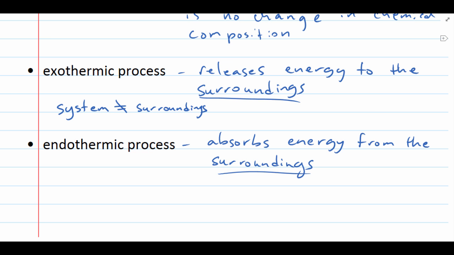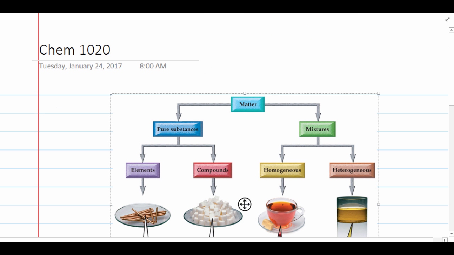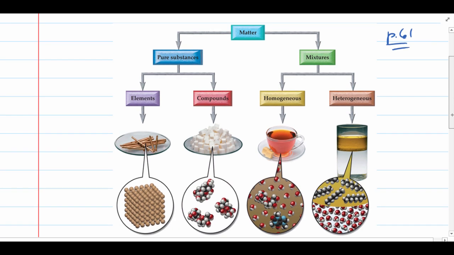So next up, we have a figure here, and this figure comes from page 61 of your text, if you have that available. This is a way that chemists classify matter.